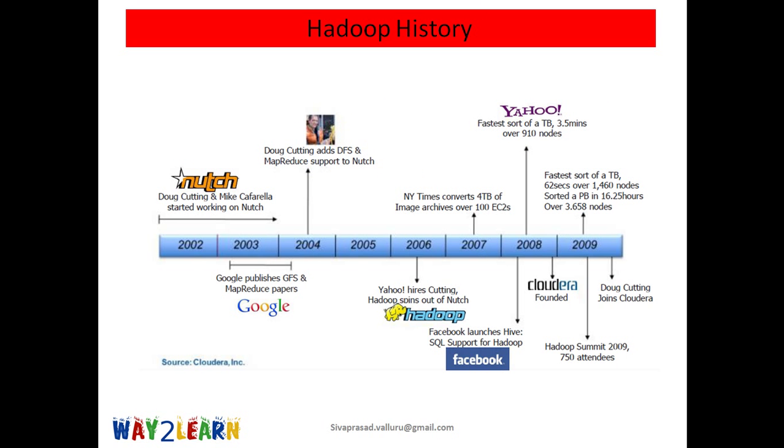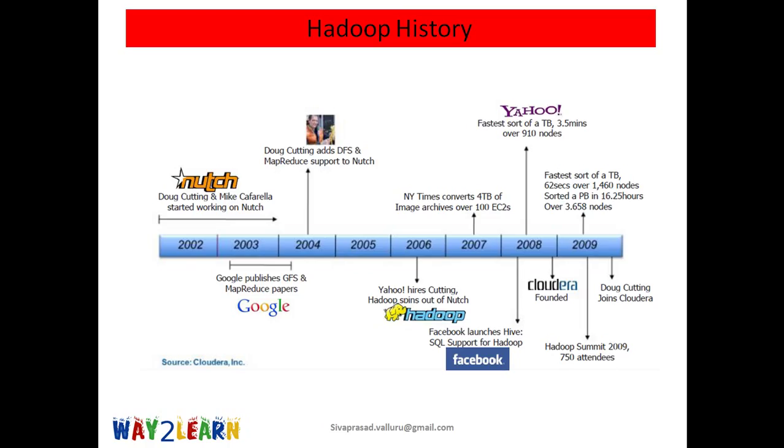If you talk about Hadoop history, it all started from 2002, where Mr. Doug Cutting and Mike Cafarella started working on a project called Nutch. While Doug Cutting was working on Nutch, in 2003 Google released papers called GFS, Google File System, and also MapReduce papers.